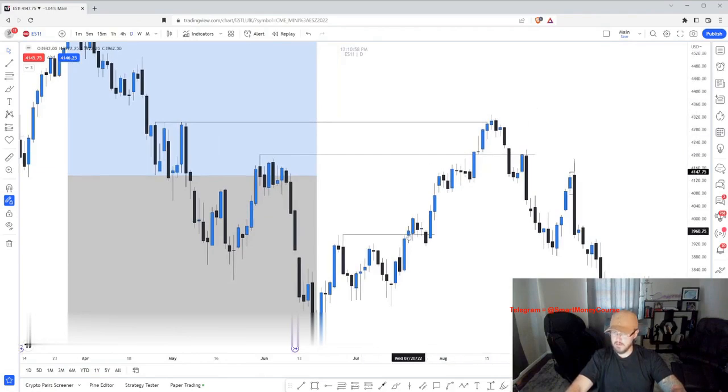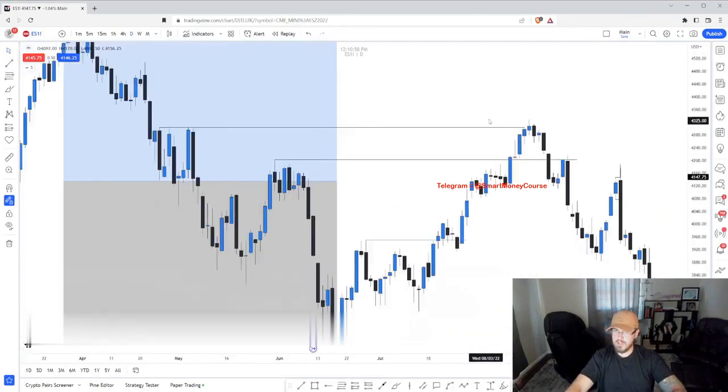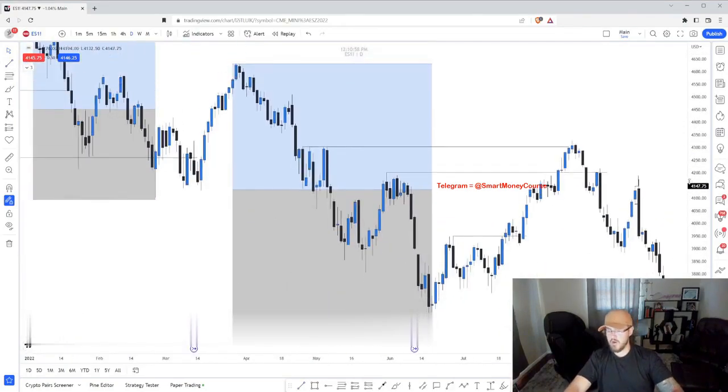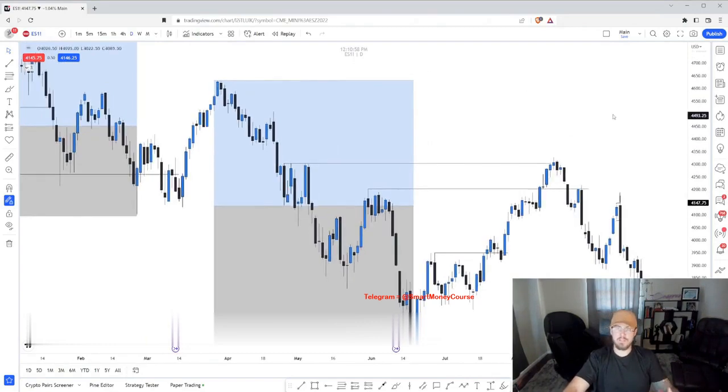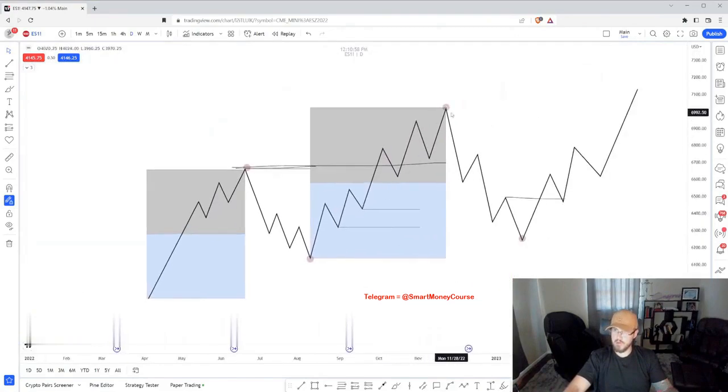I know we've talked mainly about external structure, but really everything I've gone over about internal structure is what's important. Internal structure tells you the behavior of the market relative to the external structure.